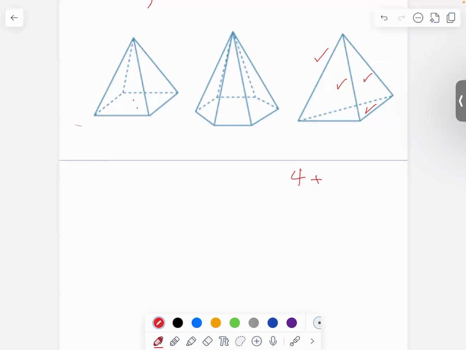plus. How many vertices does this geometry have? 1, 2, 3, 4. This is a triangular pyramid. Edges 1, 2, 3, 4, 5, 6. 6 plus 2. What's the name of this shape? What's the name of the base?